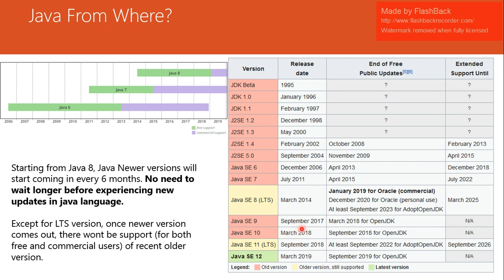And if you look, they ended support for them March 2018 and September 2018 respectively as well. So Java SE8 came March 2014 rather, and 6 months after Java SE9 came, 6 months after Java SE10 came, and 6 months after Java 11 came, SE11, and 6 months after Java 12 came.